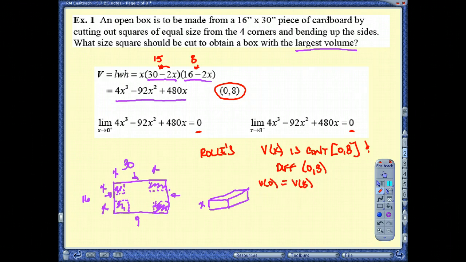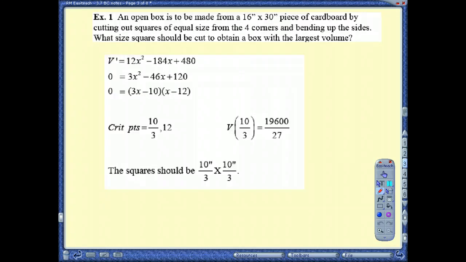That means there has to be a place where we've turned around. There has to be a place, therefore, by Rolle's, where my derivative is equal to 0. It's either going to be a max or a min. We will have to prove that it is indeed a max. All right, so on with the show.